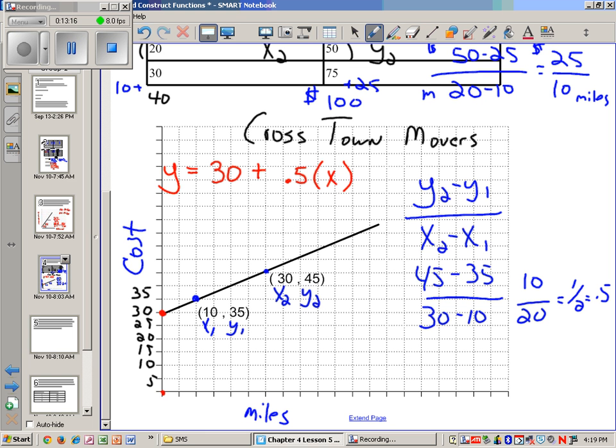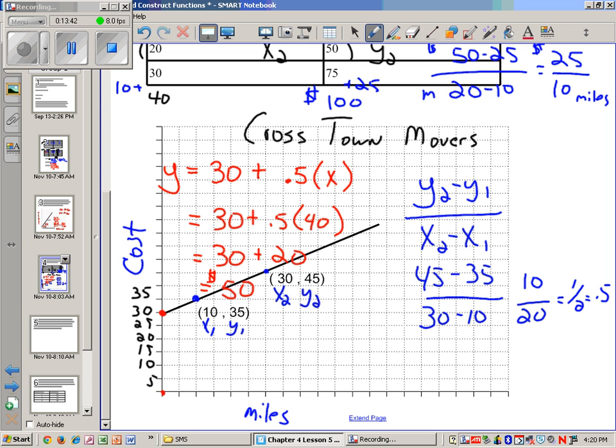So what we have to do is figure out what 40 is. So we're going to plug 40 in for X. So we're going to have 30 plus 0.5 times 40. Our equation, we're going to get 30 plus 0.5 times 40, which gets us 20. So in the end, it's going to cost us $50 to go 40 miles for Crosstown Movers.